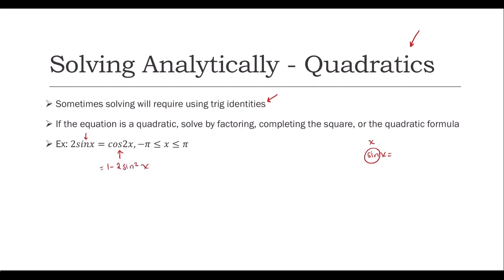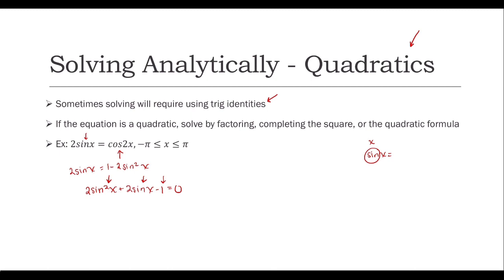So that's equal to 2 sine of x. We want to set that equal to 0. So we'll subtract 1 and add 2 sine squared of x to each side. So we have 2 sine squared x plus 2 sine of x minus 1 equals 0. So now we have a quadratic because we have our squared and then our regular sine and then our constant.